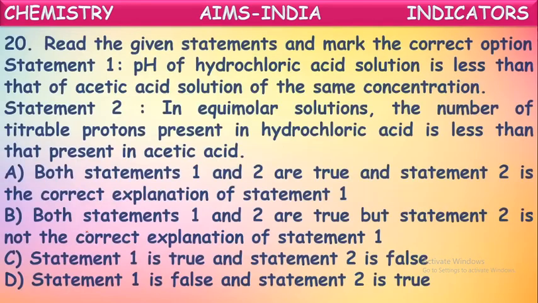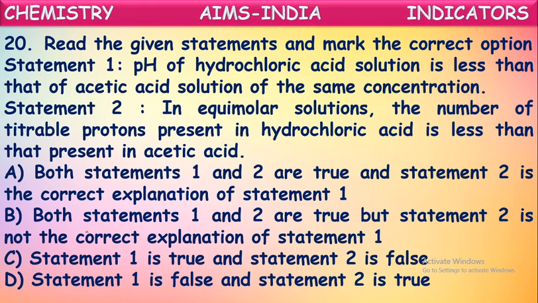Next, read the given statements and mark the correct option. First statement: the pH of hydrochloric acid solution is less than that of acetic acid solution of the same concentration, isn't it? Yes, it is correct because strong acids have a lower pH value.